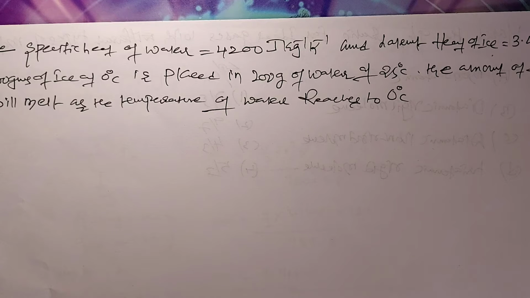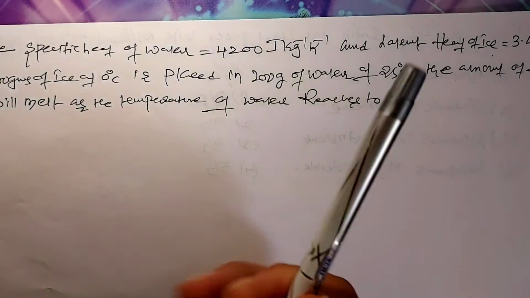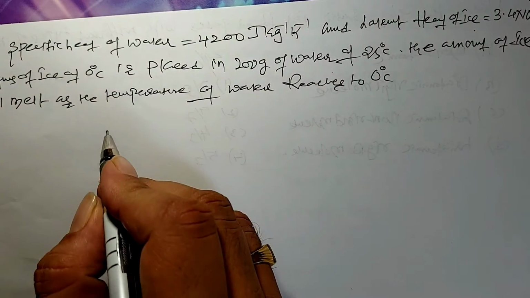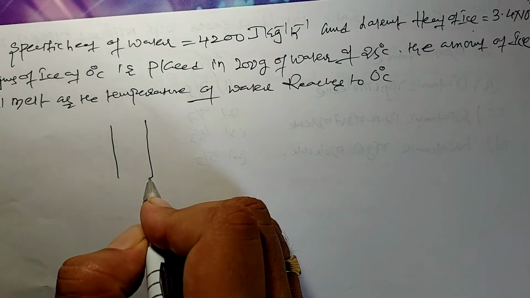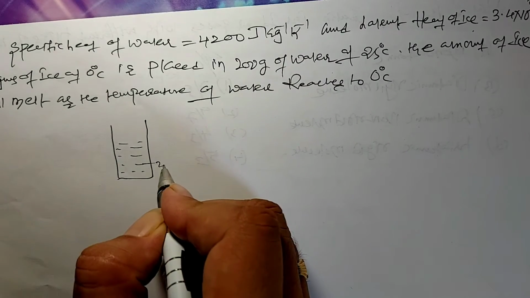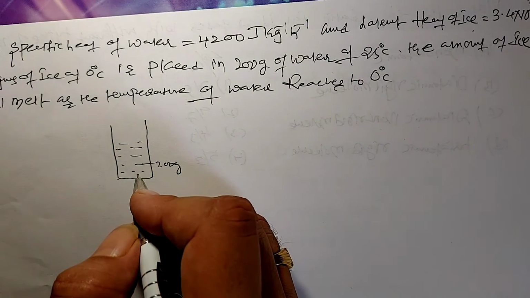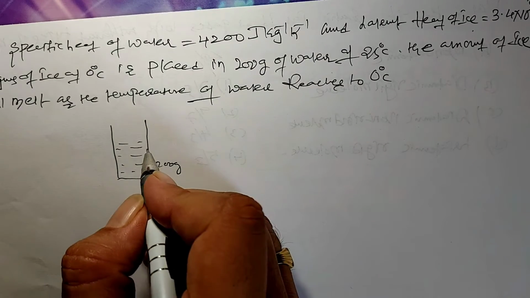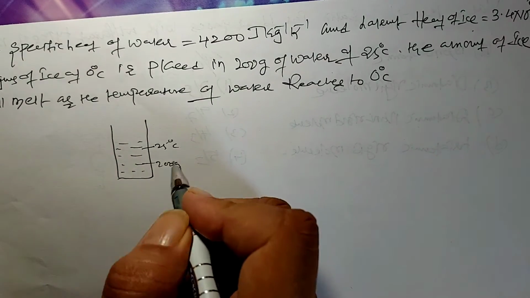The amount of ice that will melt as the temperature of water reaches 0 degrees centigrade. This is the direct question. This is hot water of mass 200 grams at 25 degrees centigrade.